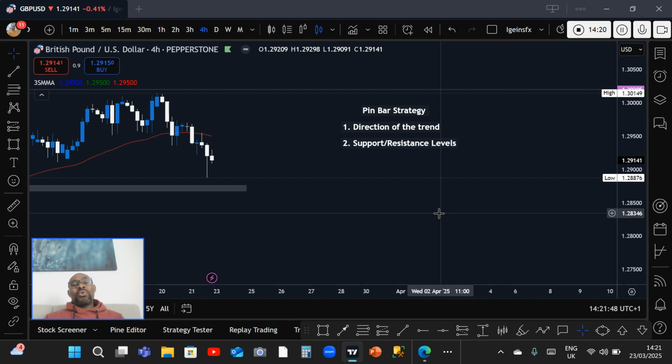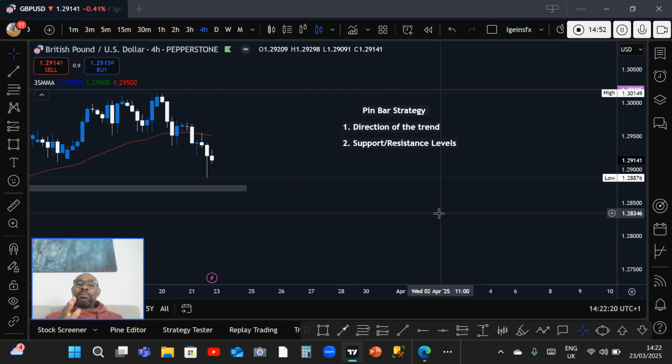So when you are looking at the lower time frame, anything below 1 hour, you have to be very careful, because the support and resistance levels and most signals you get there are not strong enough. People do trade them. Yes, there's no problem if you are successful trading lower time frames. I'm not against it, but I tell you, it's the higher time frame that determines the direction of the trend.